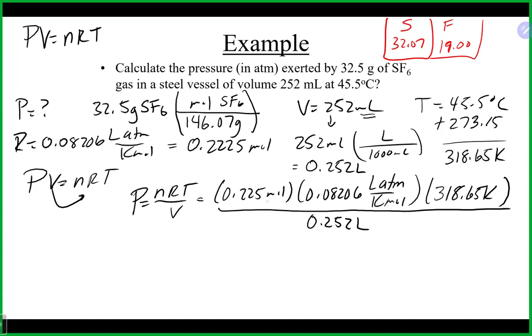In terms of units, moles will cancel, Kelvin will cancel, liters will cancel, leaving us atmospheres, which is what we're looking for.